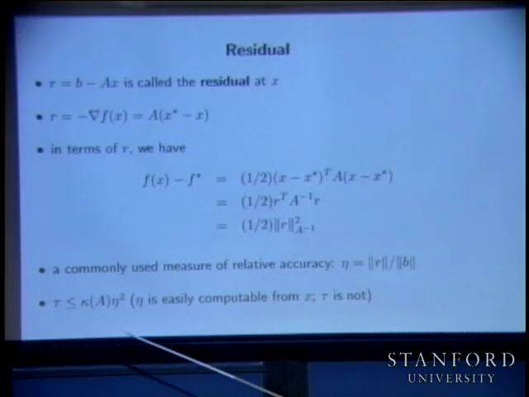Now you can show that tau is less than the condition number of A times eta squared. And here eta is easy to get: as the algorithm runs, you have x, and part of the algorithm is you're going to calculate the residual at each step. You're going to calculate Ax minus b. Fine, you can take the norm of that. That's easy. You know b, you can take the norm of b.